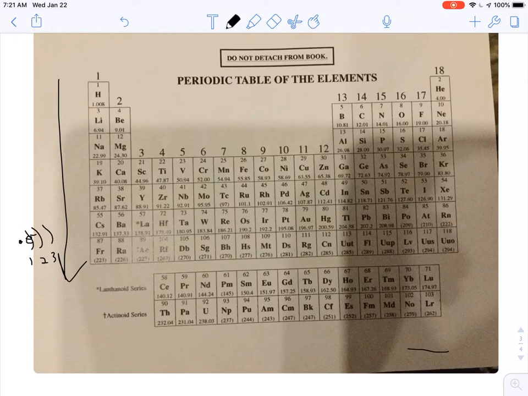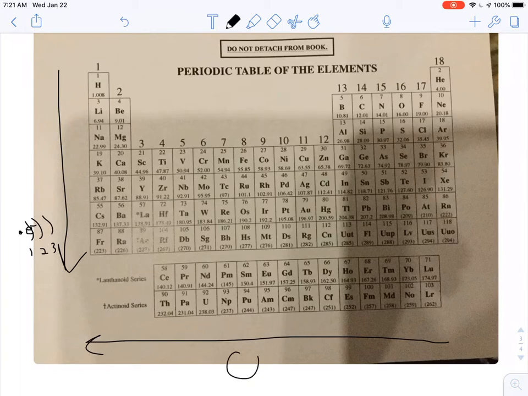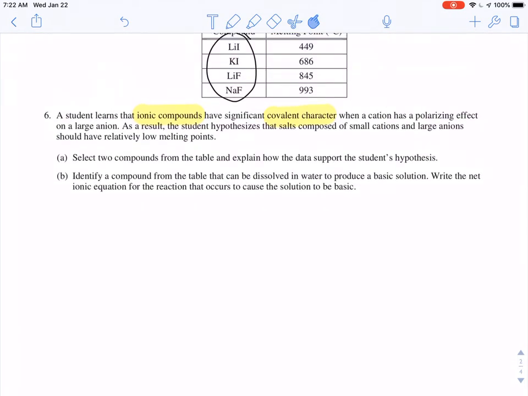And then atomic radius also increases as we move left across the periodic table. And this is because atoms tend to have fewer protons and electrons, and therefore they're going to have less of an attraction, and the electrons are going to float further away from the center, making the atoms have a larger radius. So now we can go back and look at the question.